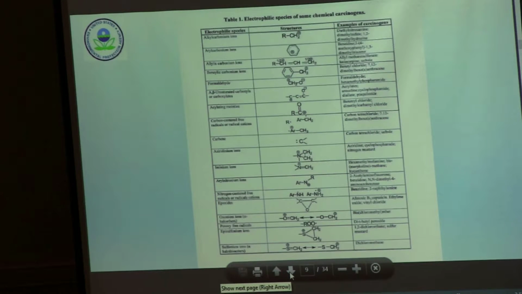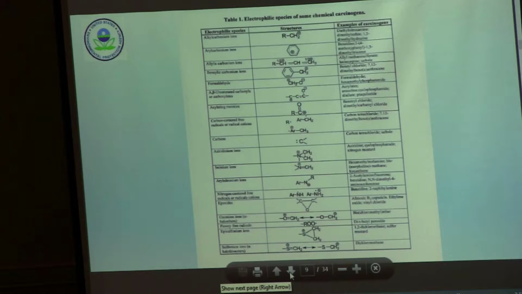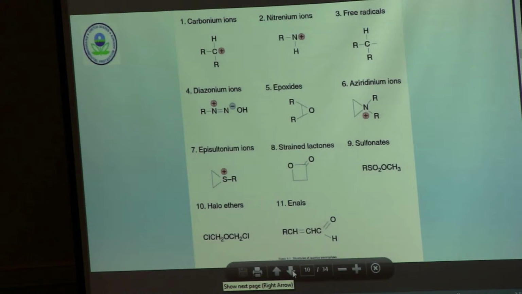This table shows some examples of the electrophilic species which are the possible ultimate carcinogens of a variety of chemical carcinogens. Some of the commonly encountered electrophilic species are shown here, which include the carbonium ion, nitronium ion, and epoxide.